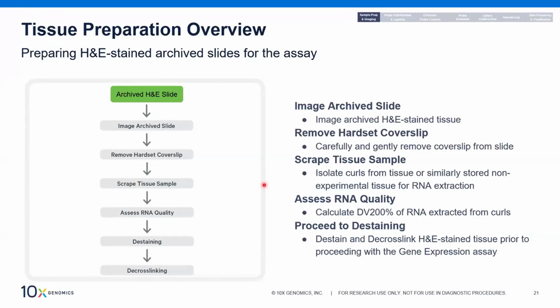So these 4 would be perfect samples for RNA quality assessment. So calculate your DV200 of the RNA of the curls that you can take off them, and then you would proceed with the destaining. So this is just to show you that if you have a lot of samples that are archived and hard cover slipped, you can definitely use them.